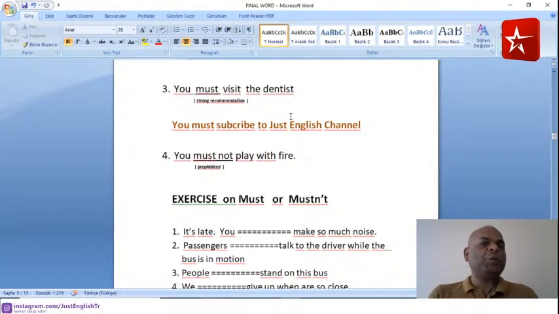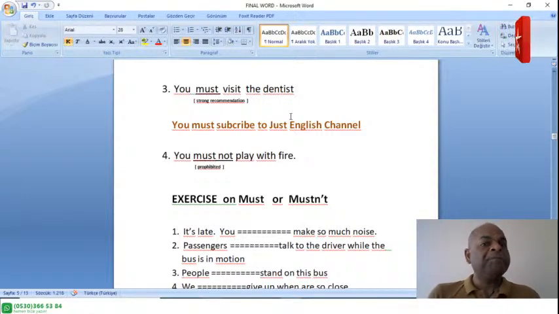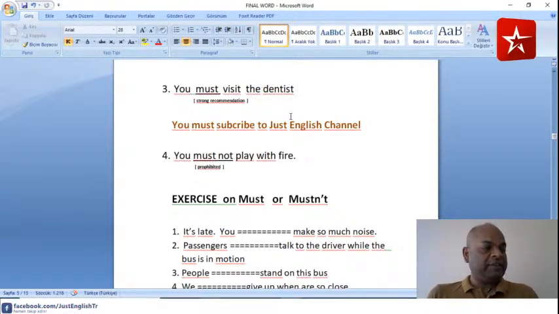You must visit the dentist. I think that is going to be a strong recommendation.